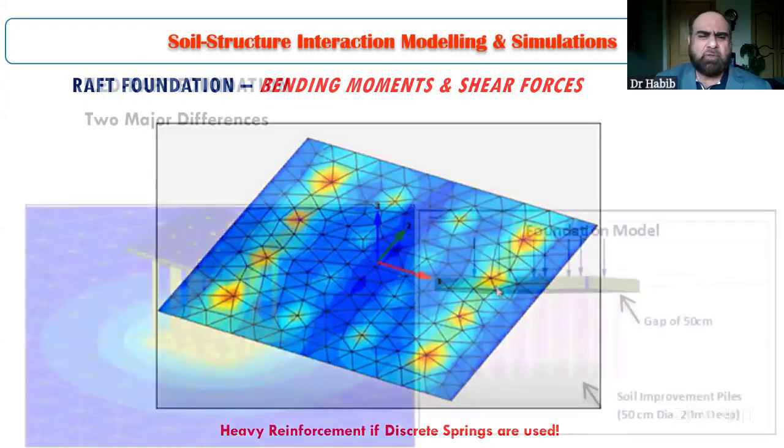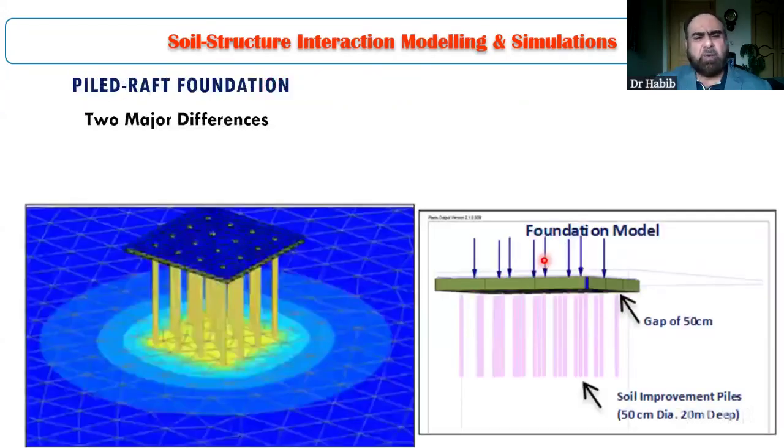Now I'm moving to the second case, which is basically the piled raft foundation. Just to introduce, a piled raft foundation is where we have a raft foundation and we have piles connected with it. We may have disconnected piles, but we are considering here the case where the piles are also connected with the raft. Again, there are two major differences.